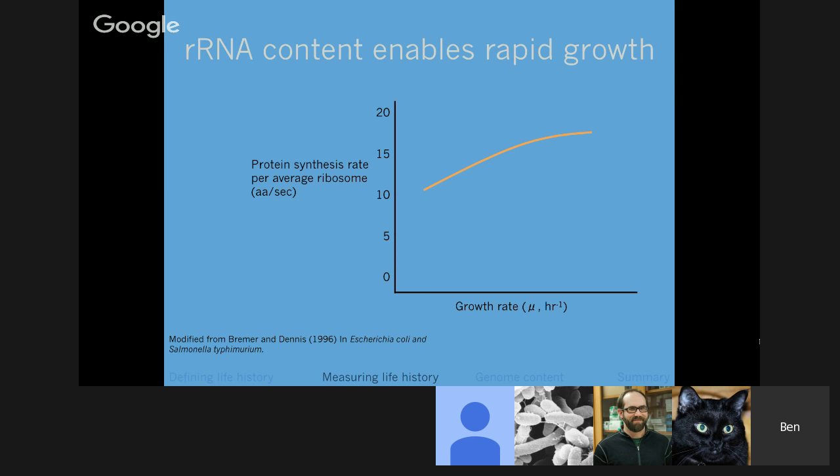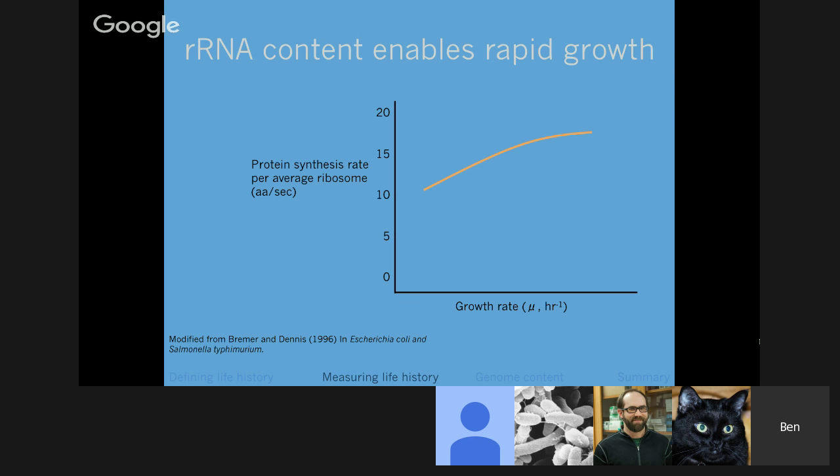So the ribosomes themselves are already pretty close to maxing out their speed, and a cell, rather than trying to double its ribosome synthesis speed, instead just increases the content of ribosomal RNA in a given cell, and in that way it increases the effective translation rate per cell. So that's ultimately the principle that underlies this increase in ability to grow quickly when nutrients become abundant.